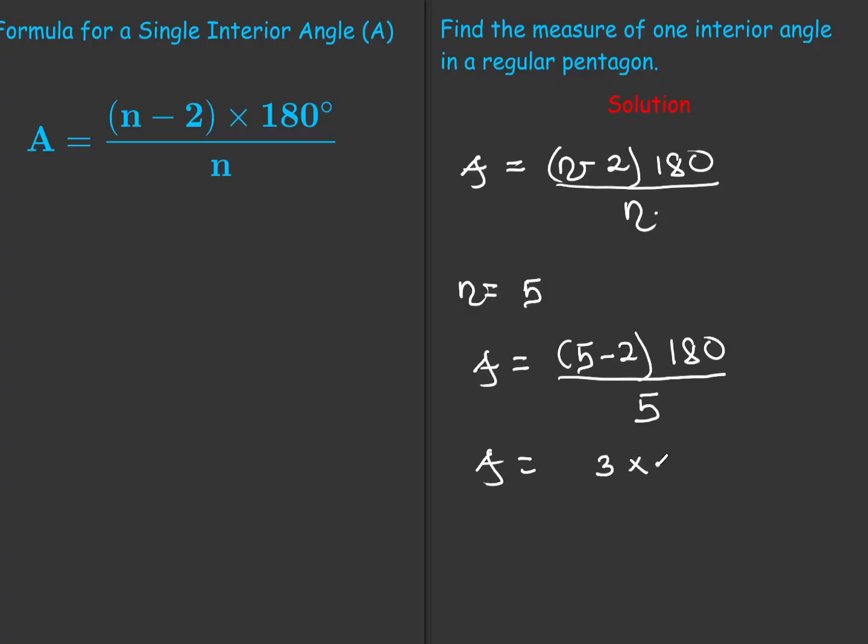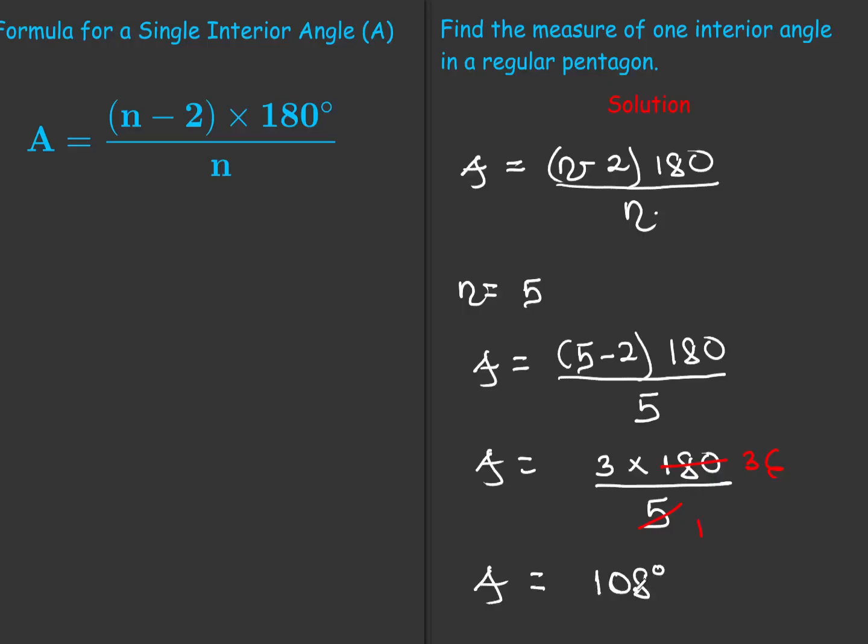So you have 3 times 180 all over 5. You can choose to do your simplification. So choosing to simplify, 5 divides 180 36 times. So all we have now is to find 3 times 36, which gives us 108.